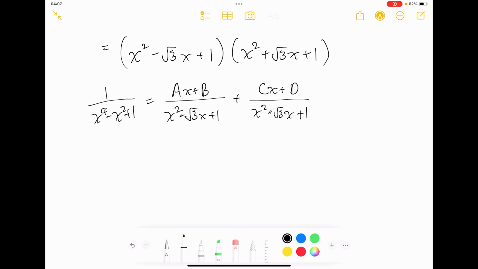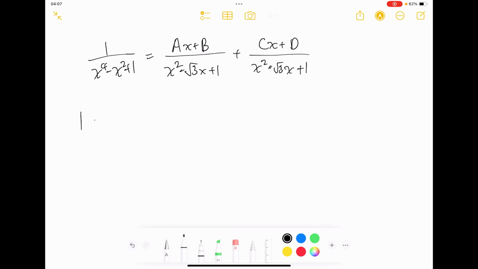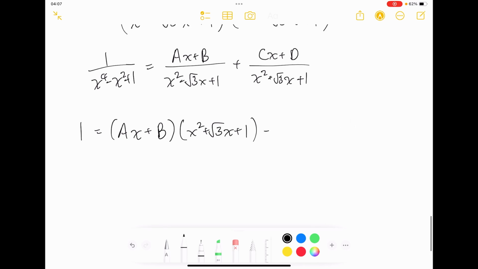And then, again, we'll multiply both sides by x to the fourth minus x squared plus 1. And because these are basically its factors, this has the coefficient of ax plus b, and then the other one has cx plus d attached to it.